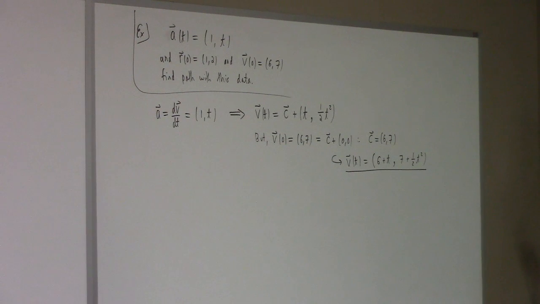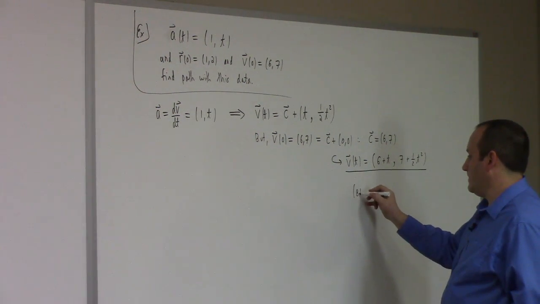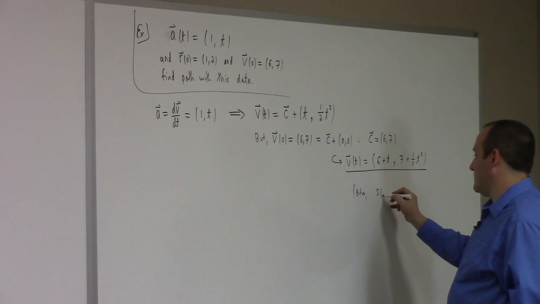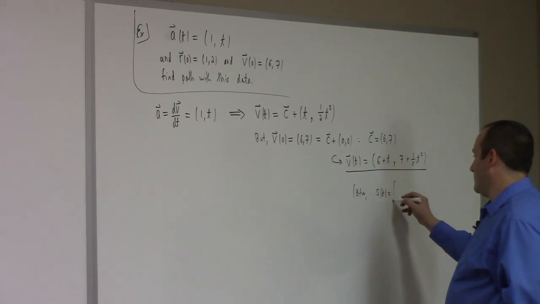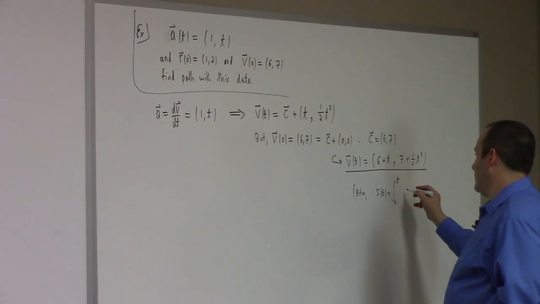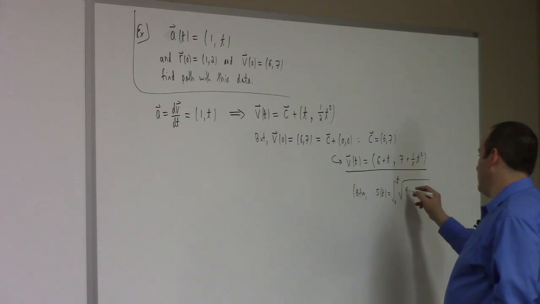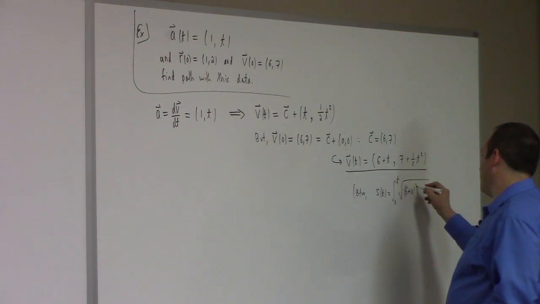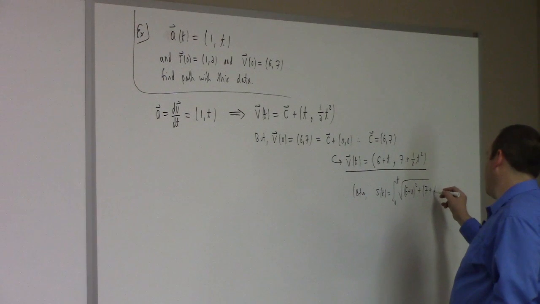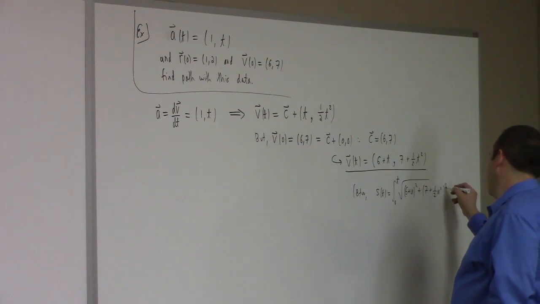By the way, if I asked you to calculate the arc length of this path, we could do that now, right? For example, the arc length function, what would it be? I could do s of t as the integral from 0 to t of the square root of (6 plus u) squared plus (7 plus 1/2 u squared) squared, du.